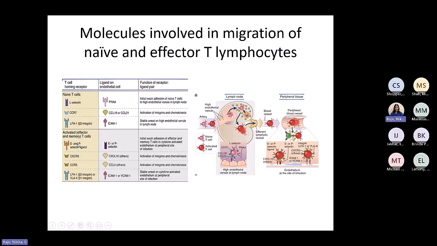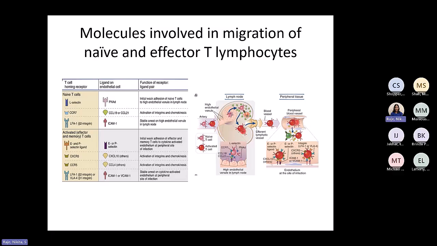Compared to that, activated effector memory T cells express CXCR3, and they interact with CXCL10 in the endothelium. Similarly, they can have CCR5 that is attracted towards the chemokine CCL4. And then again, of course, there are integrins on their surface, LFA-1, VLA-4, that bind to ICAMs or VCAMs.